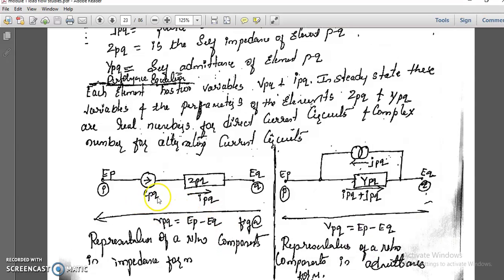The notation I am taking is EPQ, the voltage with respect to PQ. P and Q are nodes here. In between the P and Q nodes, what is that voltage?